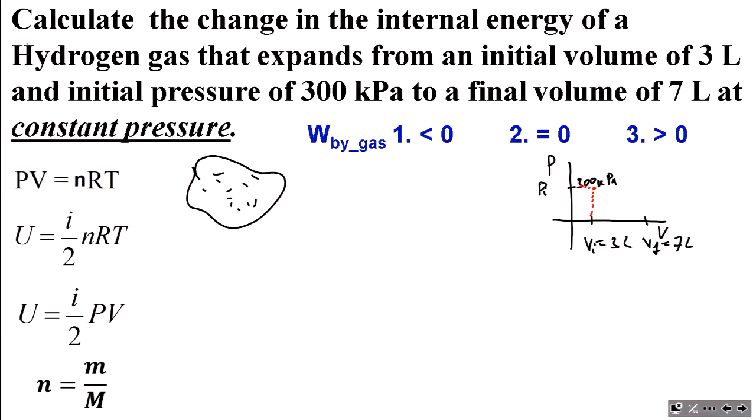And when we change the state, what does change? The volume. What doesn't? The pressure. So we have to draw a horizontal line. This work is based on our knowledge of how to graph. This is the final state.